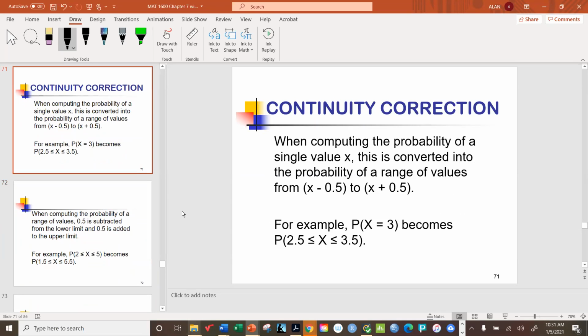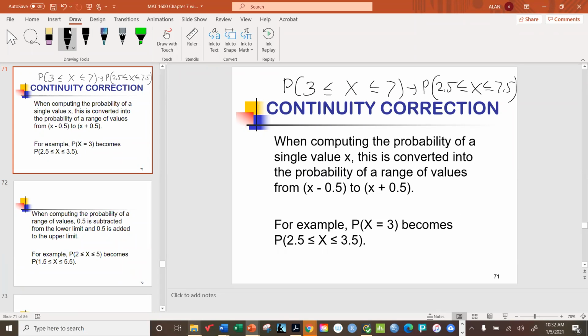So in other words, we started out with the interval from 3 to 7, and then we're going to change that to 2.5 up to 7.5. Again, the only reason for doing this is to improve the approximation, because it's understood that what we're doing is only an approximation, but we want it to be as close as possible.